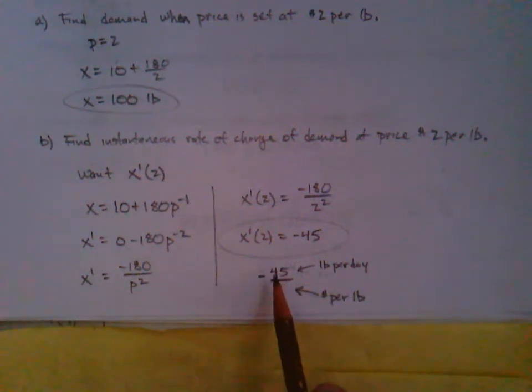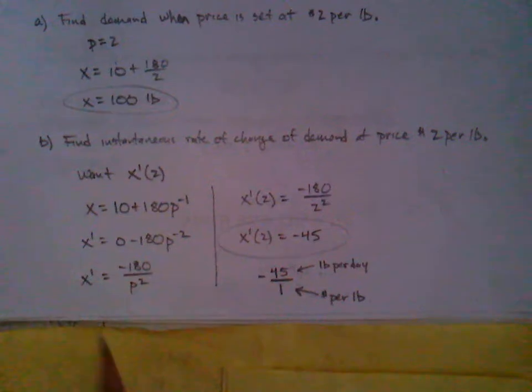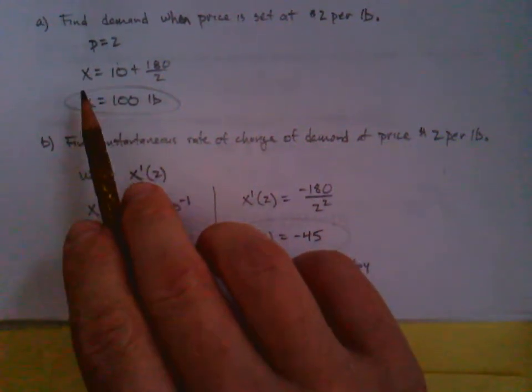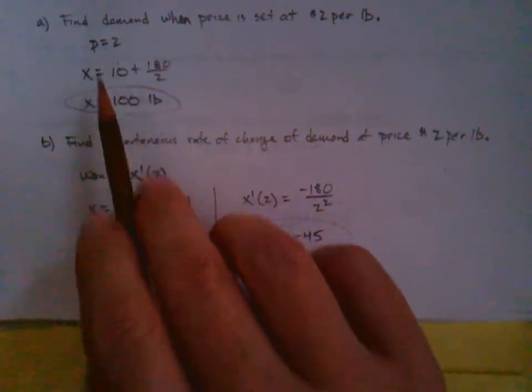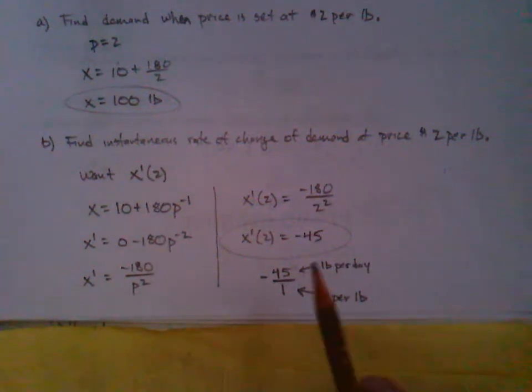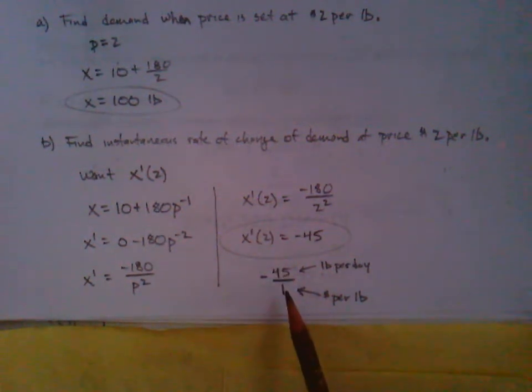And what would the units of the numerator and denominator be? Okay, so remember slope, it's the change in y divided by the change in x. Typically, here, though, our variables are x and p. So this is like the change in x over the change in p, the way we have it set up.